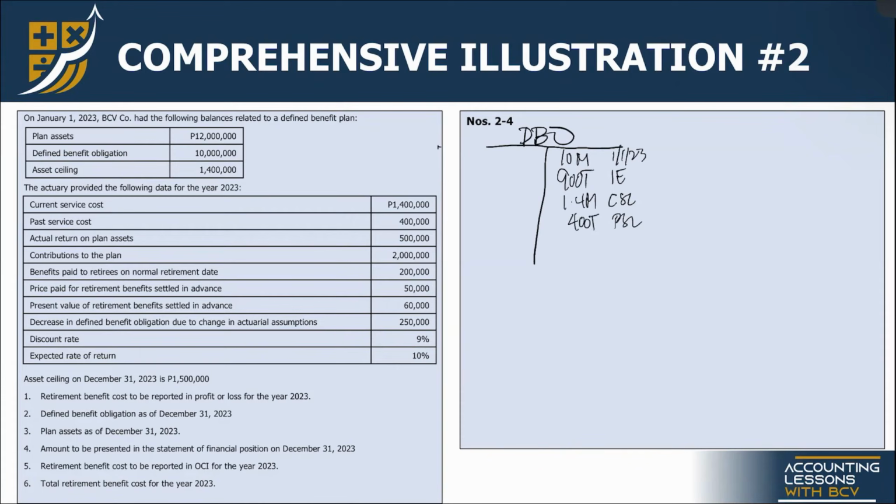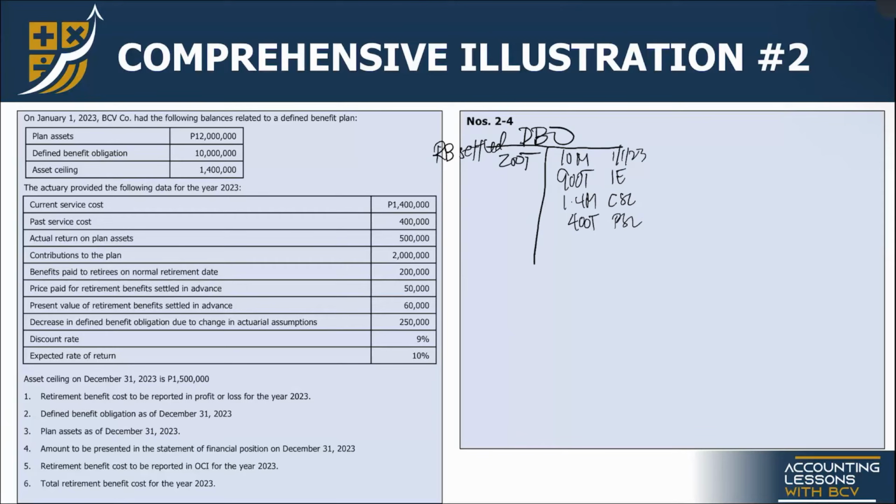Next, retirement benefits settled. Remember, present value ang i-deduct natin sa DBO, the PV of the benefits settled. So for the benefits paid to retirees on normal retirement date, that is simply the PV of their benefits. So, lagay natin siya dyan.